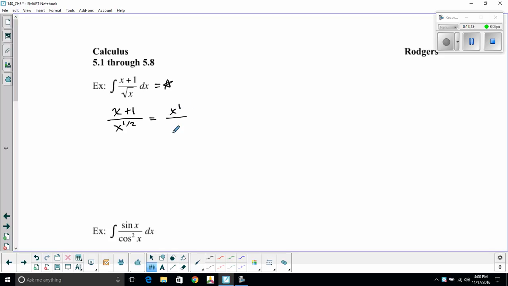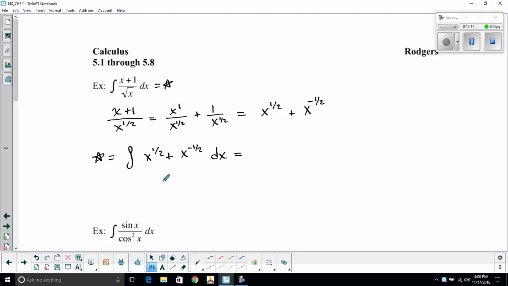That's x over x to the 1/2 plus 1 over x to the 1/2, which is 1 minus a half is a half, plus x to the negative 1/2. So then now that equals the antiderivative of x to the 1/2 plus x to the negative 1/2 dx.